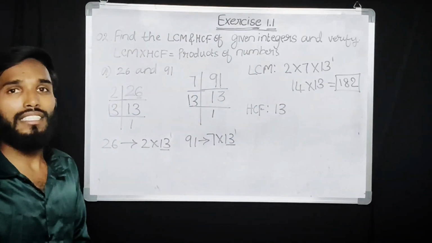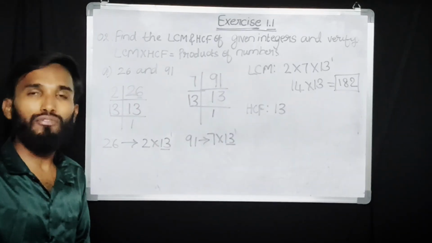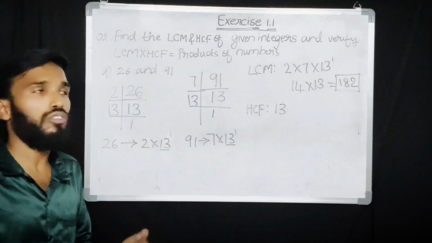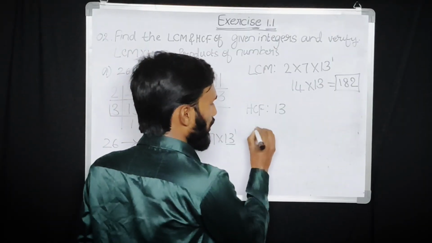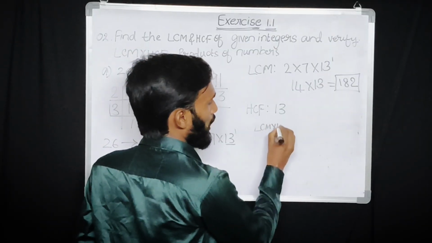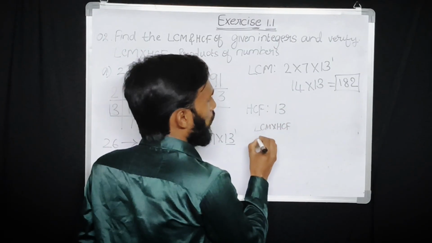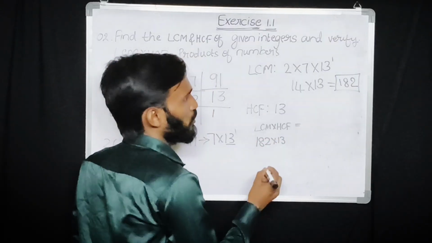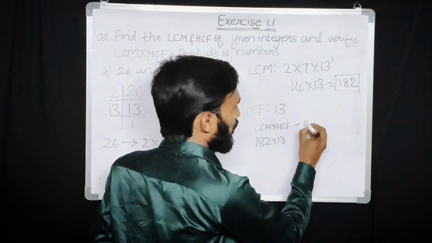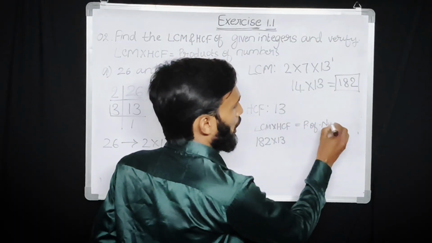Now what they ask: check whether LCM into HCF is equal to the product of the numbers. What is the LCM into HCF here? The LCM is 182, into 13, is equal to the product of the numbers.